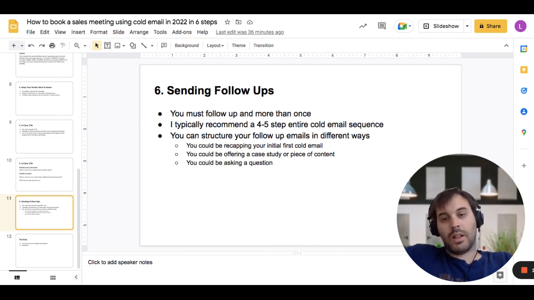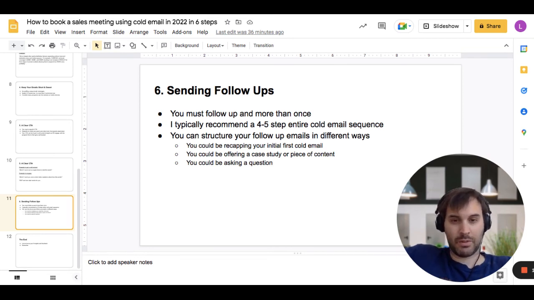Typically the way I recommend it is to have a four to five step entire sequence, so a multi-step sequence. You can have a mix between follow-ups that are in the same thread, like a simple bump CTA kind of email.